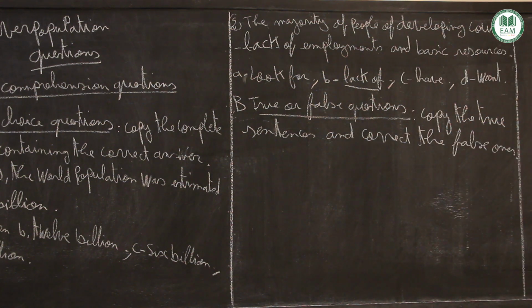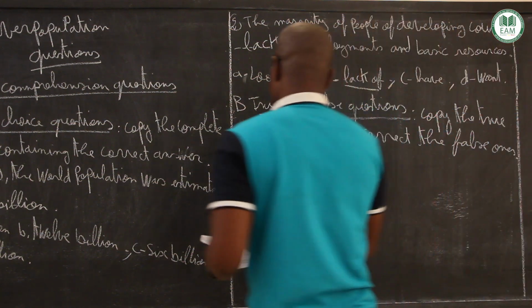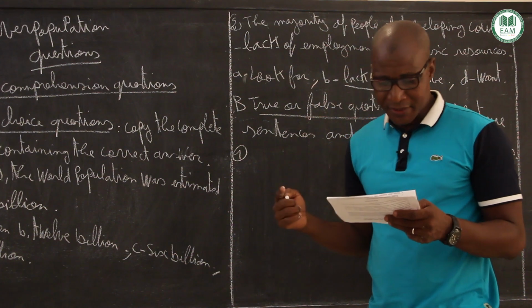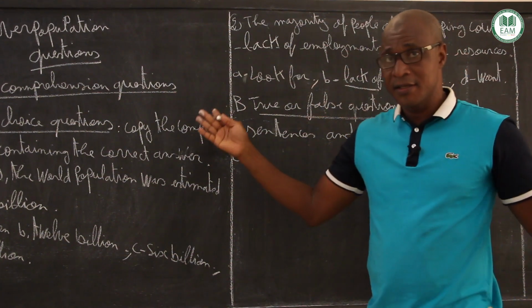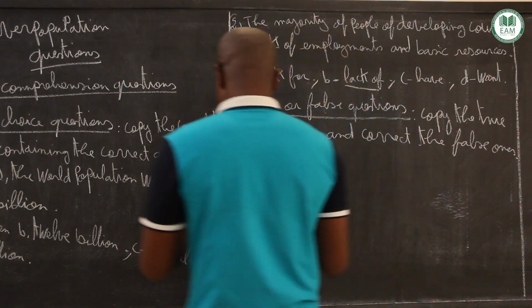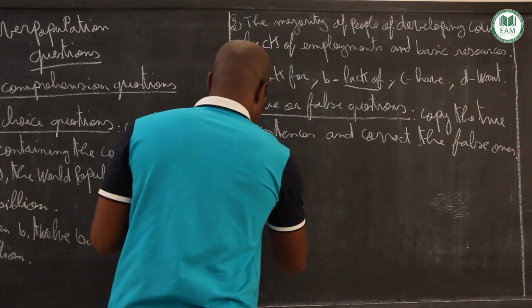Example. Number 1, we say here, overpopulation means that there are too many people. That is true. So if it is true, you copy down.